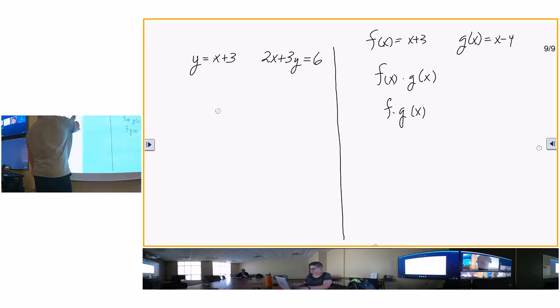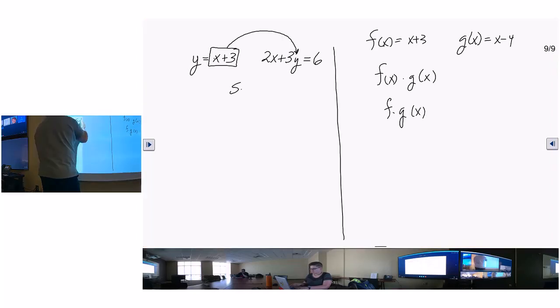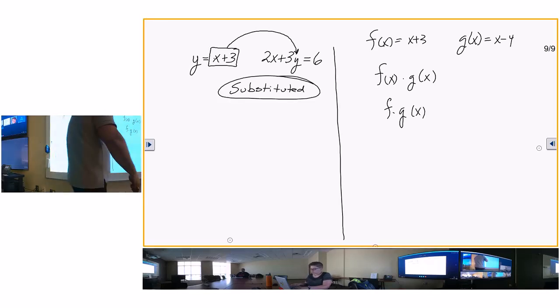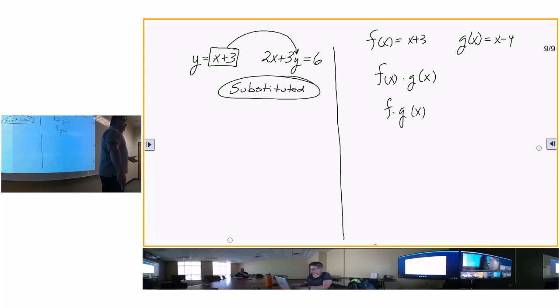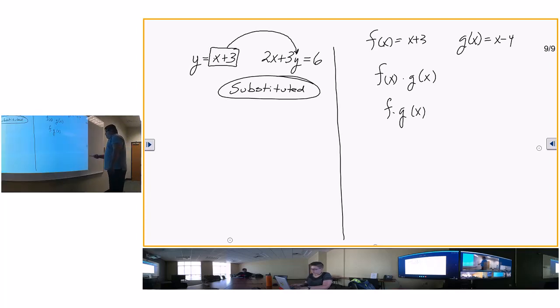What did you do with this x plus 3? You plugged it in. What is that called? Substituted, right? Substitution is a 25-cent word for composition, or vice versa. Composition is a 25-cent word for substitution. So you know how to do substitution. It's just the way it's written that screws you up.